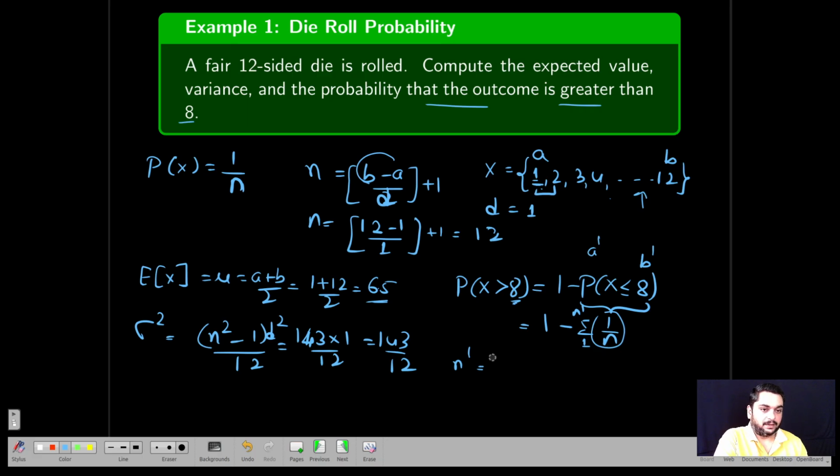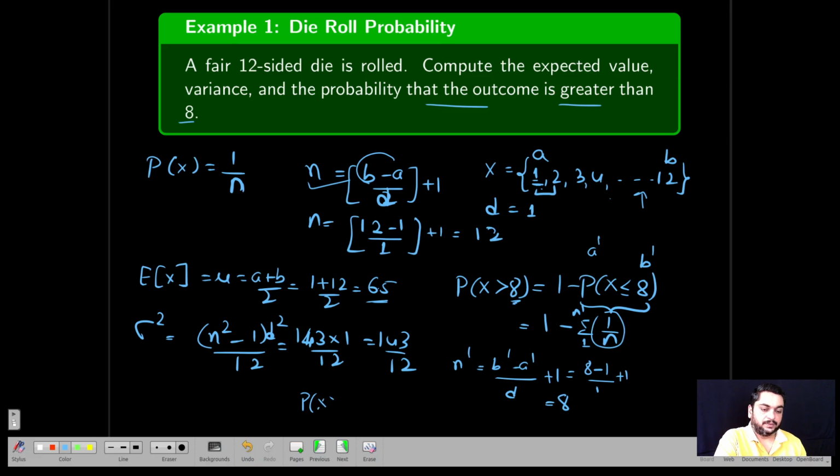So again apply the same rule. b dash minus a dash divided by d, d will remain the same, plus 1. So n dash is equal to 8 minus 1 divided by 1, plus 1. So this is equal to 8. So totally 8 times you have to add.